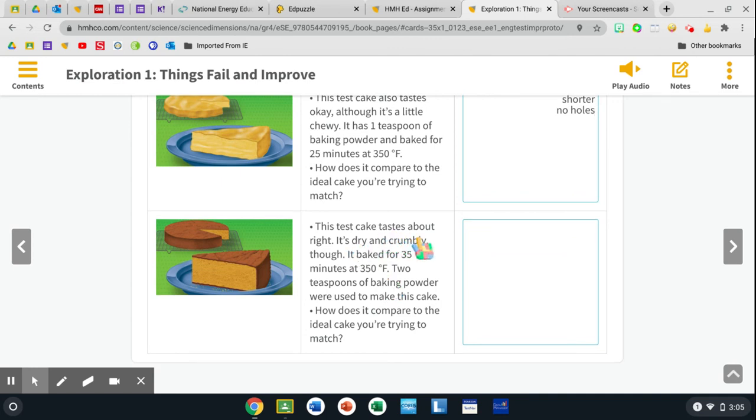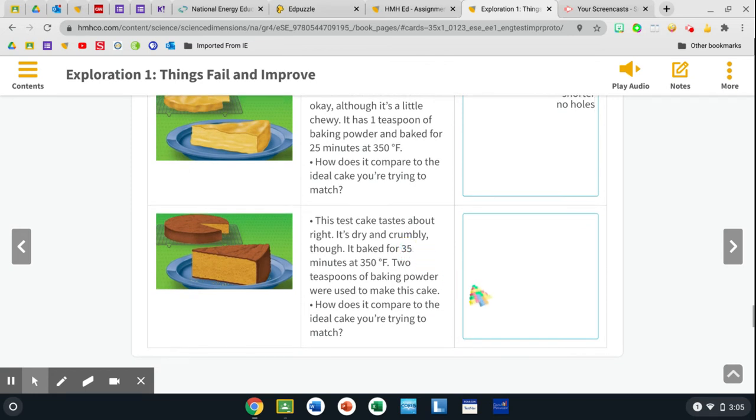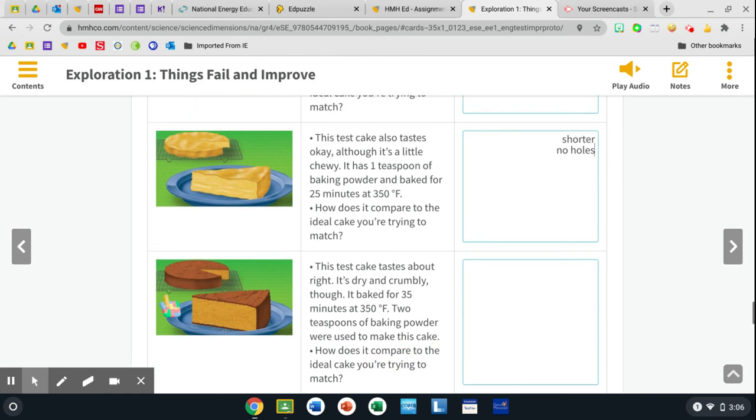All right, last cake. This cake tastes about right. It's dry and crumbly, though. It baked for 35 minutes at 350 degrees. So it has the same temperature, but it's cooked longer than these two. 2 teaspoons of baking powder were used to make this cake. How does it compare? So let's look.